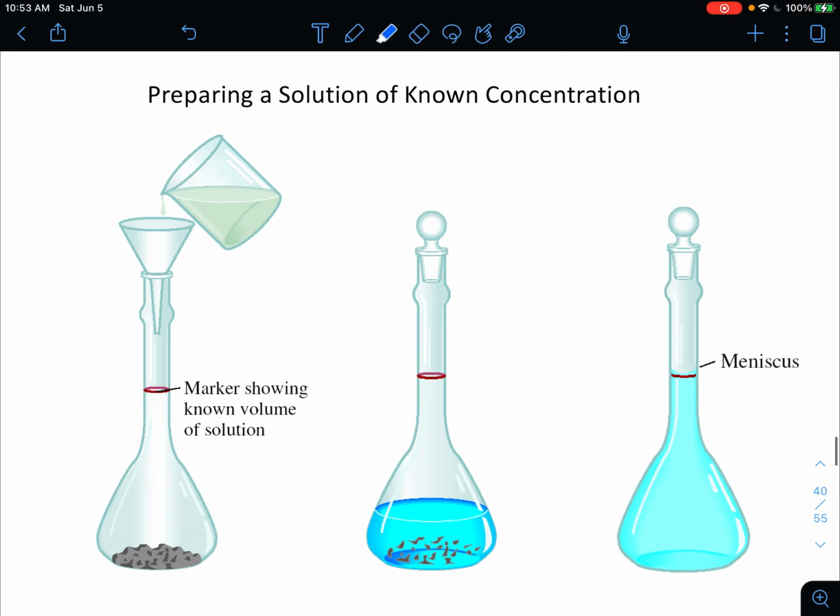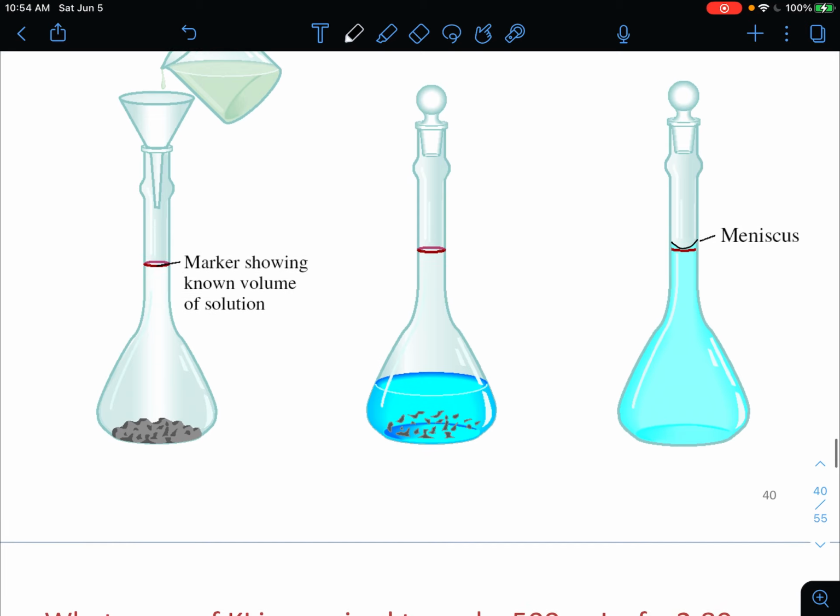Add solid, cover it with liquid, swirl it around till it dissolves, and then fill it up until you reach that line where your meniscus is. Here's your meniscus here, right? It's going to dip down a little bit with water filling this narrow passage, and we want the bottom of the meniscus to be touching whatever the mark is on our volumetric flask.